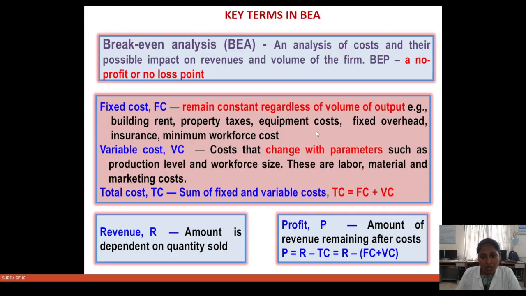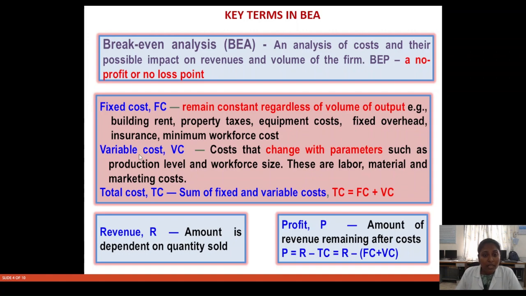Once the equipment is purchased, that cost is going to remain the same for all the coming years. Next is fixed overhead and insurance cost. Once the insurance is set, that percentage is going to be retained throughout your whole business period, whether it is 10 years or 20 years. And minimum workforce cost, that is labor cost, that is basic pay.